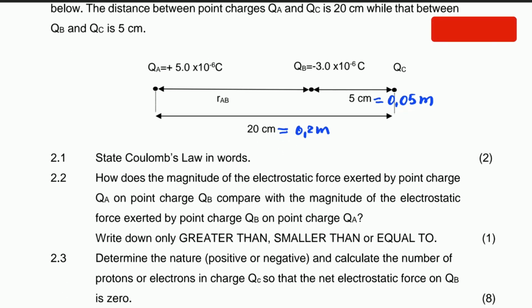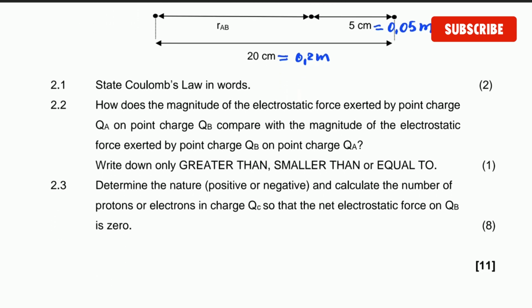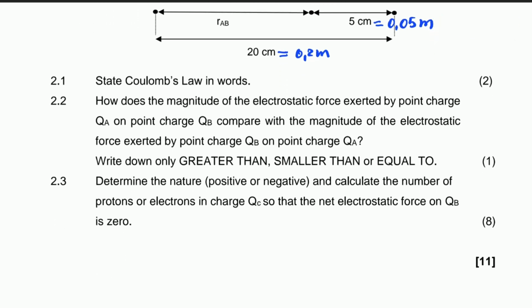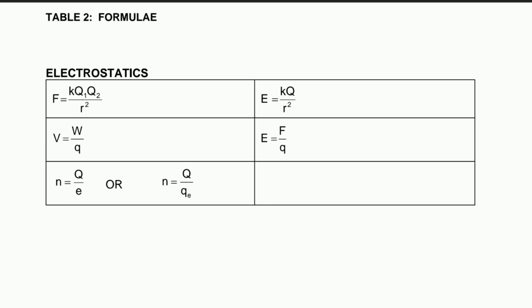Question 2.1, state Coulomb's law in words. We are going to look for Coulomb's law in words, but before we do that, let's go to the formulas. Here we are, and guys, this formula here is Coulomb's law, but you must be able to say it in words.